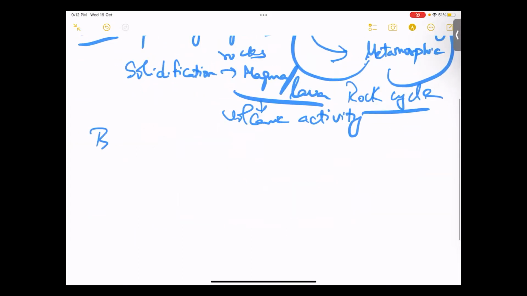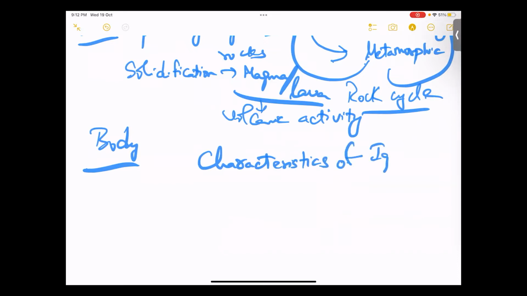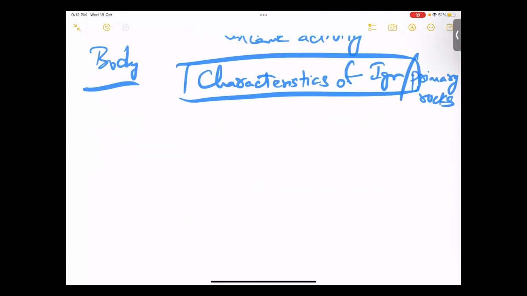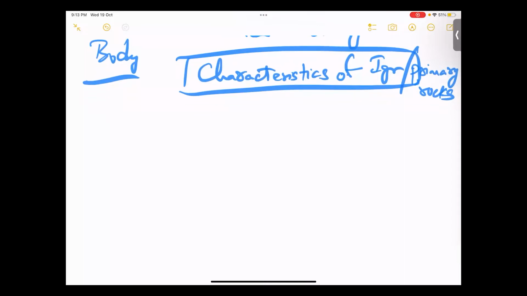In the body, straight away come with the side heading: characteristics of igneous rocks. Obviously, igneous rocks are formed due to magma or lava activity, and hence we know that magma or lava is not something which is coming from extreme pressure or from many ages.